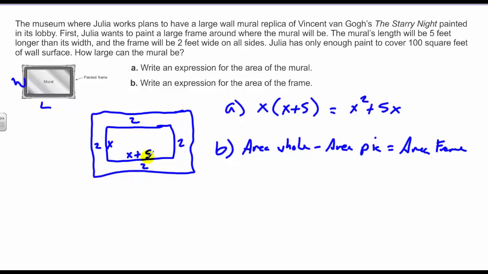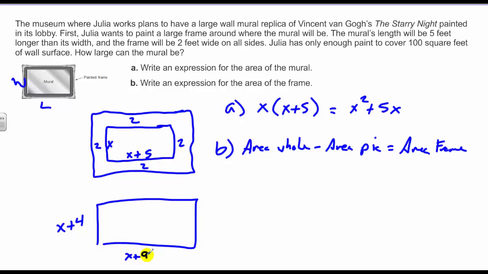So I need the area of the whole thing. Now, if you look at this, it's x width right here, but I have 2 feet here and 2 feet here. So the whole, if you will, is x plus 4. And then this whole, if this is the length, it's x plus 5, but then there's 2 here and 2 here.